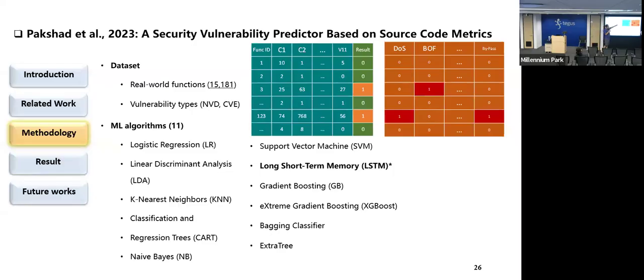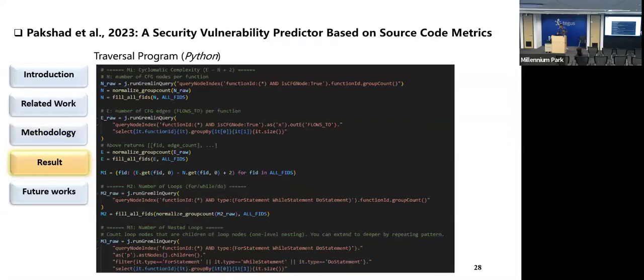And their vulnerability type information was gathered from the National Vulnerability Database and the CVE Details. And then using 11 machine learning algorithms like logistic regression, KNN, regression tree, naive Bayes, among all of them, the LSTM had the best accuracy, more than 83% I think it was, for vulnerability identification. Yes, please.